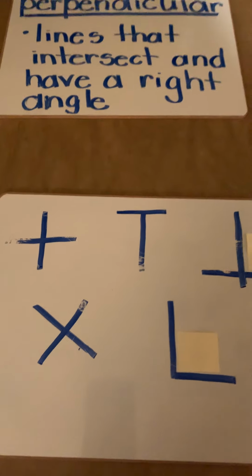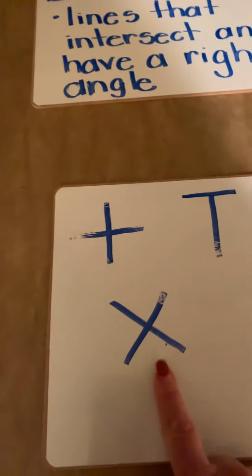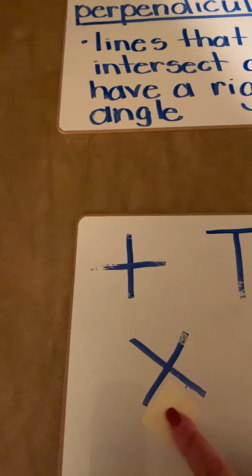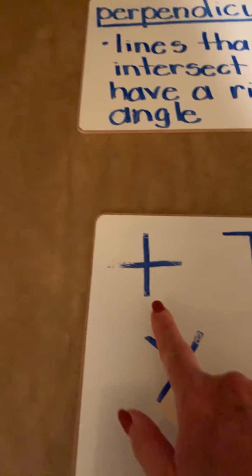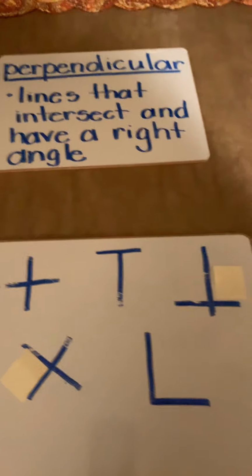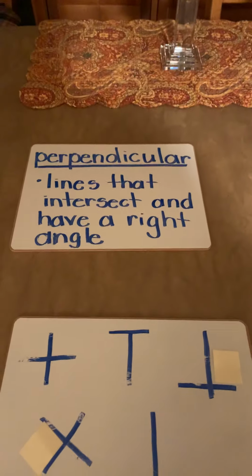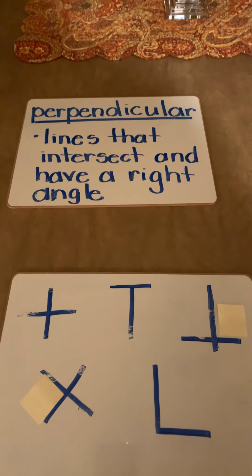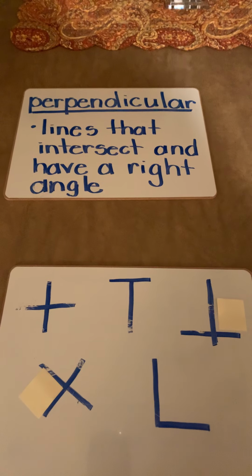Yep, right there in the corner. And finally, over here at the X, I not only see 1, but just like that plus, there's 1, 2, 3, and 4. Okay, so to review, perpendicular lines are line segments that intersect and they make right angles.